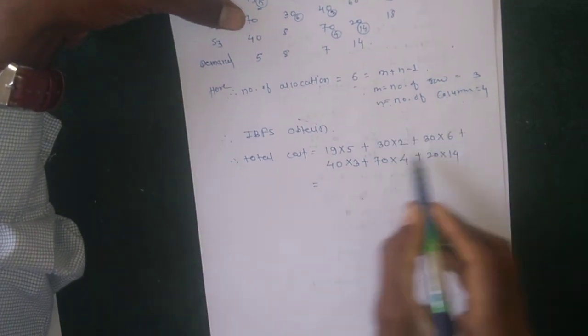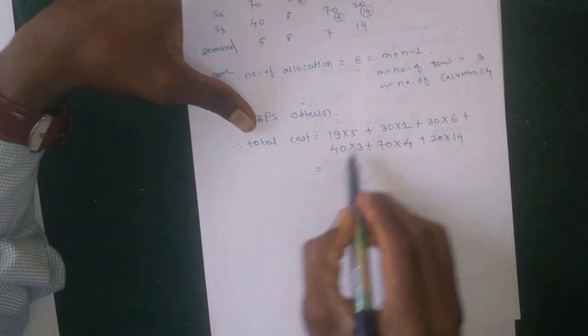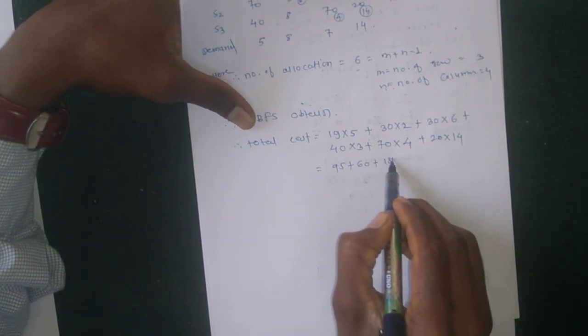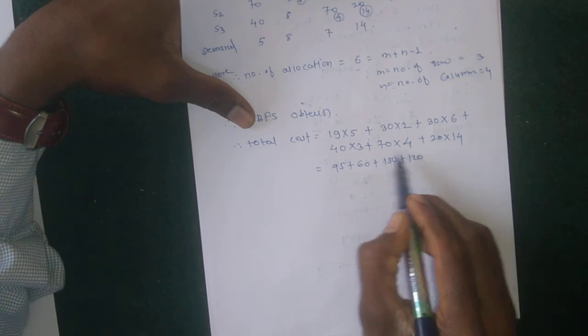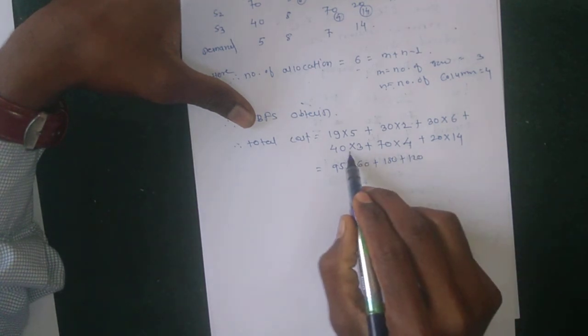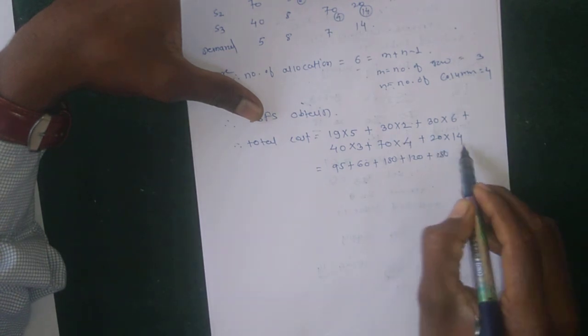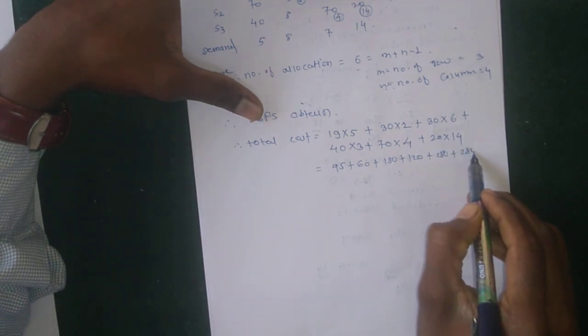Solving, 95 plus 60 plus 180 plus 120, plus 280, and also 280.